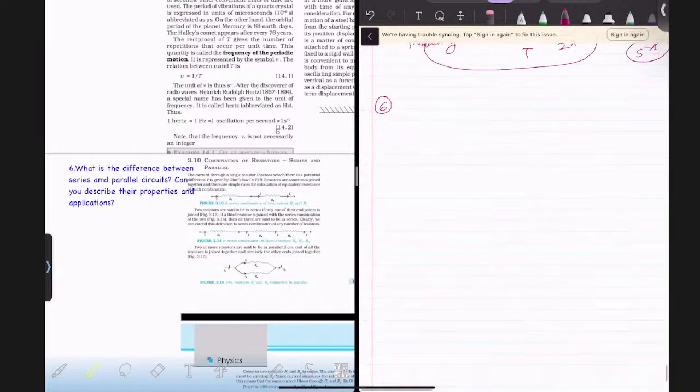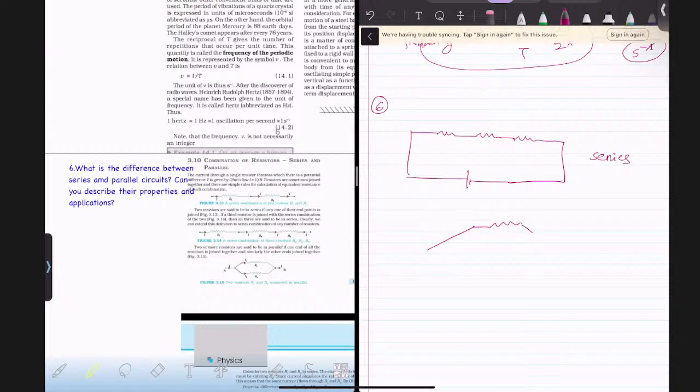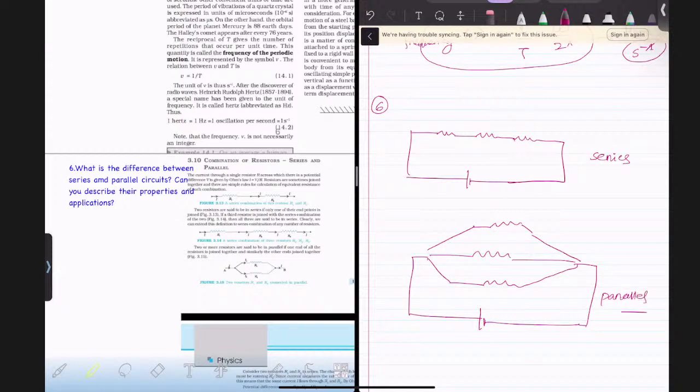Series का मतलब होता है if you take a circuit and connect all the resistors serially, that is a series connection. देन पैरेलल कनेक्शन मतलब क्या हुआ? इफ यू टेक ए सर्किट एंड कनेक्ट देम पैरेलली, पैरेलल टू ईच अदर, not on a straight line, you connect them like this, this is a parallel connection. So ये है सीरीज, ये पैरेलल कनेक्शन.